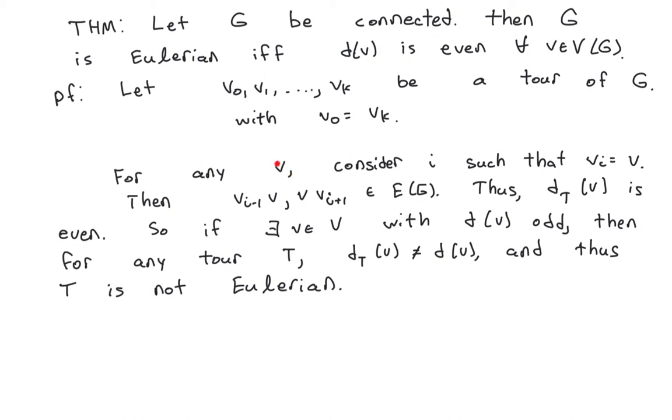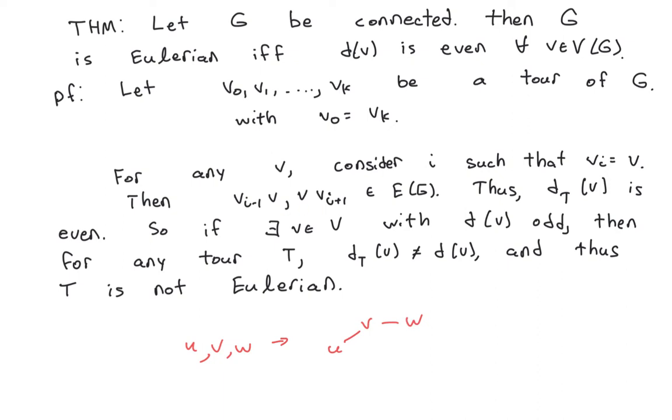For any vertex v in my graph, consider the indices i for which vi is equal to v. Then by definition, vi minus 1 and v have to be adjacent, and v and vi plus 1 have to be adjacent. So for every time I see v in my Euler tour, that corresponds to two edges in the graph.